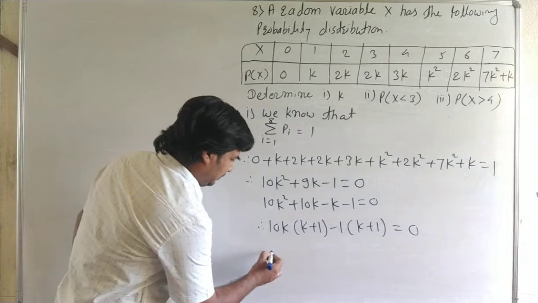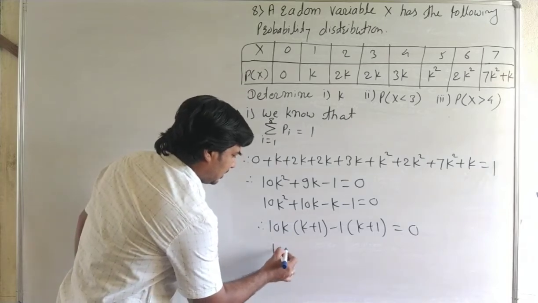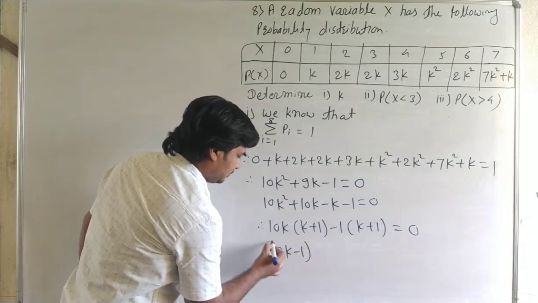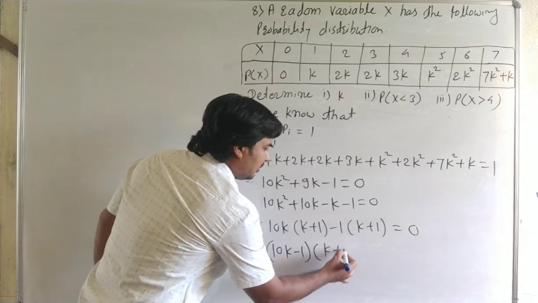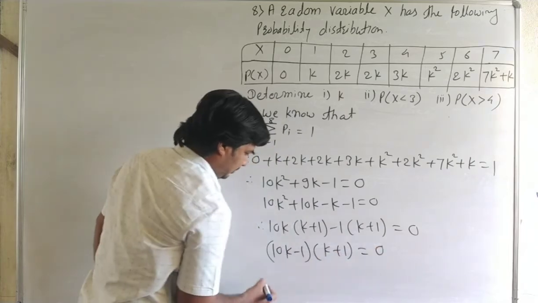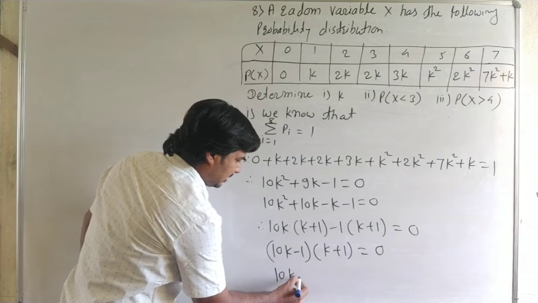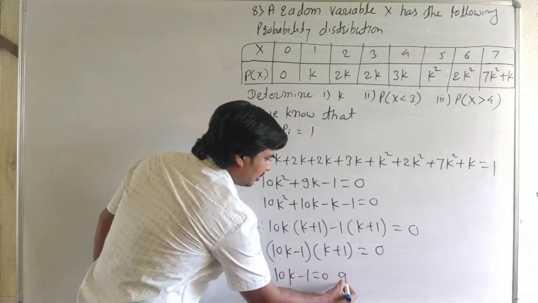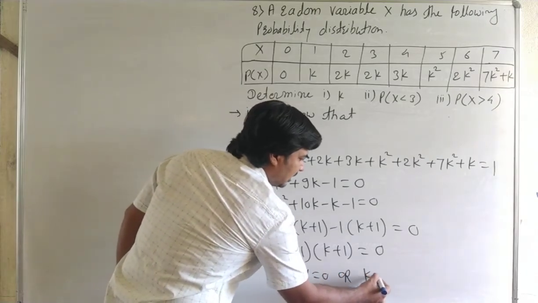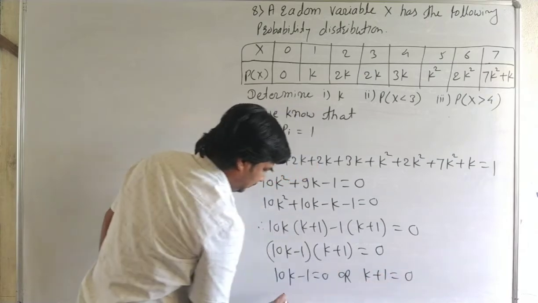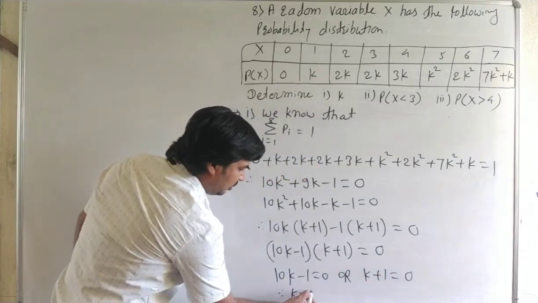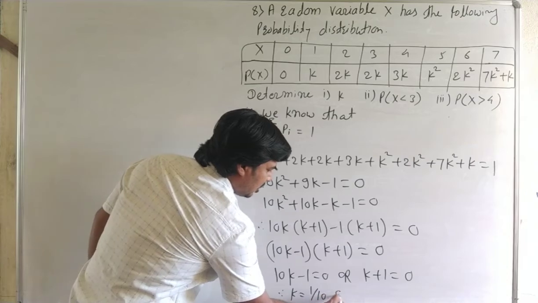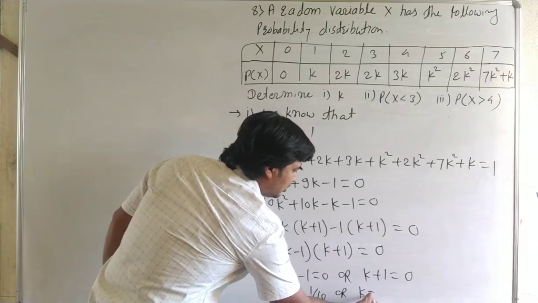See carefully. Then 10k minus 1 into k plus 1 is equal to 0. Then 10k minus 1 equal to 0 or k plus 1 is equal to 0, and therefore k is equal to 1 by 10 or k is equal to minus 1.